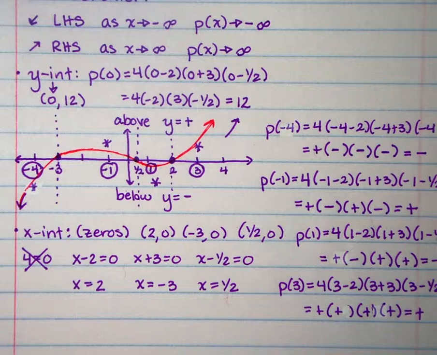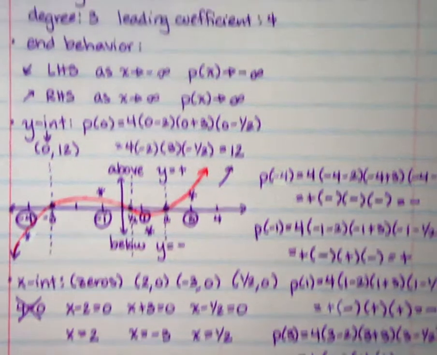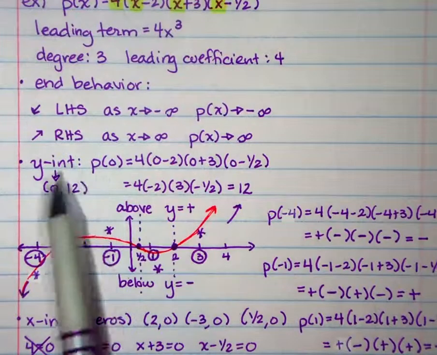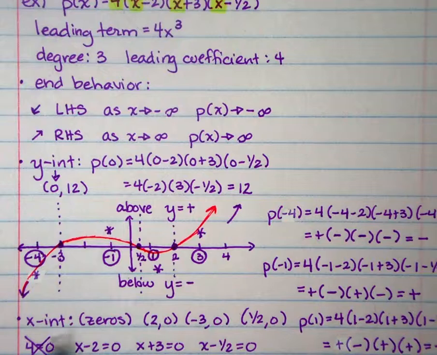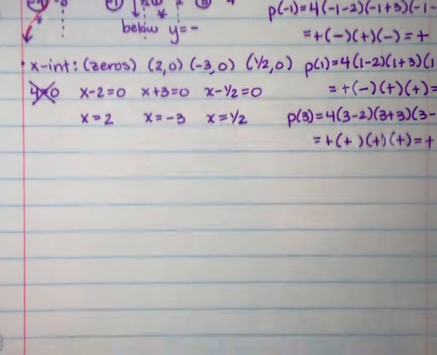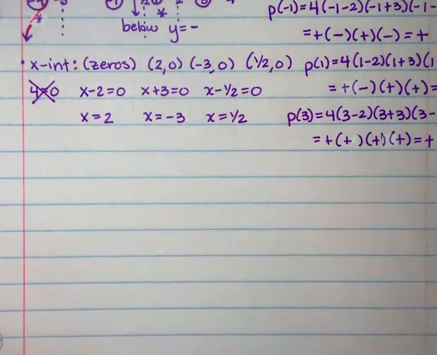Now again, we can check on Desmos, but I'm going to use some information with my end behavior, my y-intercept, my zeros, and this sign chart, and try to make an actual more accurate graph. Now to do that, I am going to need to make an XY axis.